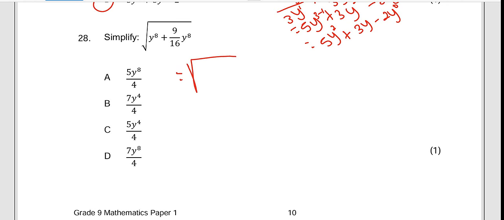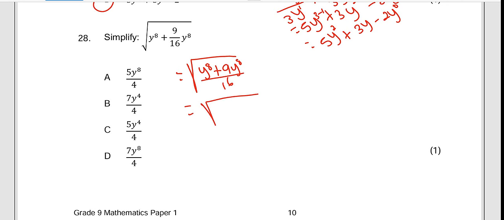It's going to be y8 plus 9. When I take this to the denominator, it will change sign. It's going to be 9y8, everything over 16.